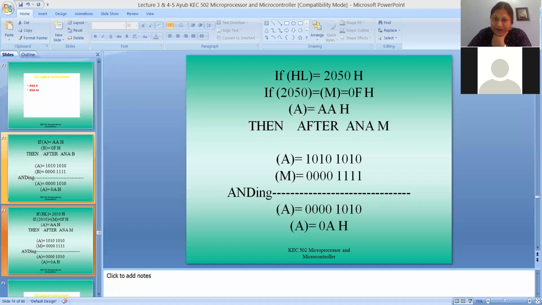So if the HL pair is containing 2050, then 2050 contents are considered as M contents, and these are, let's say, for example, 0F, and if the accumulator is containing AA, then after ANA M, A contents will be ANDed with M contents bit by bit, and the result will be stored into the accumulator. So this will be your new contents. So similarly, we will go with the further logical instructions.